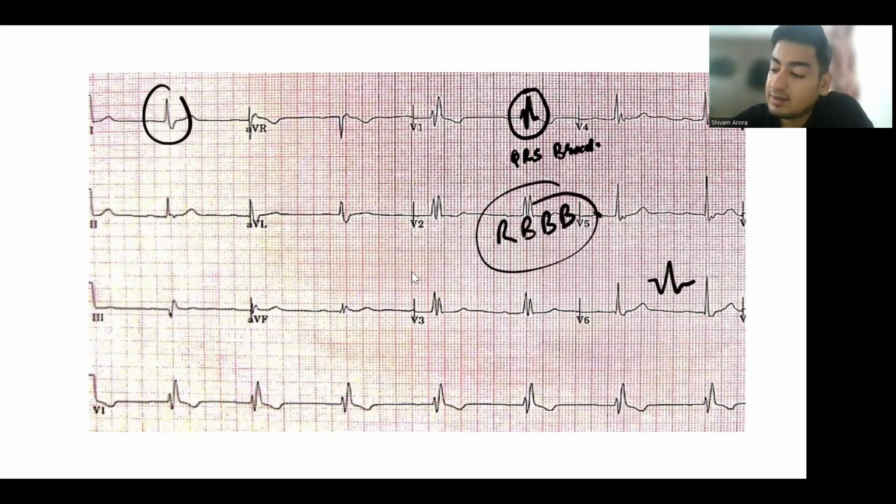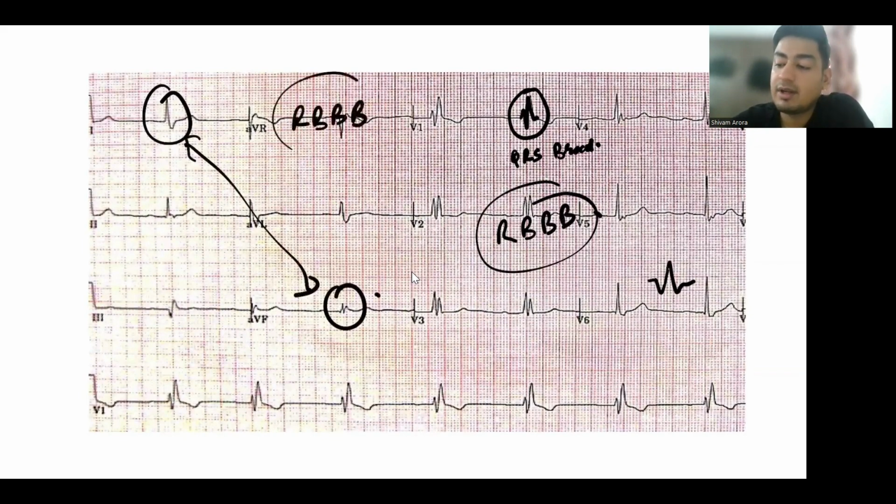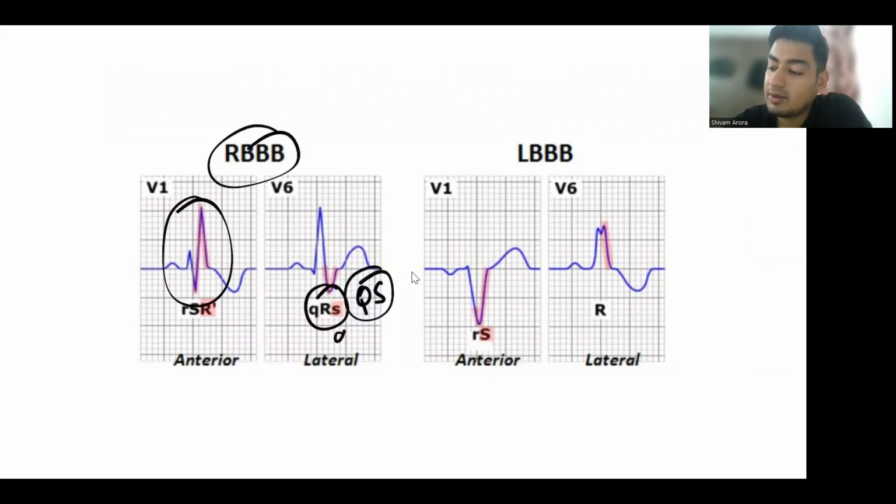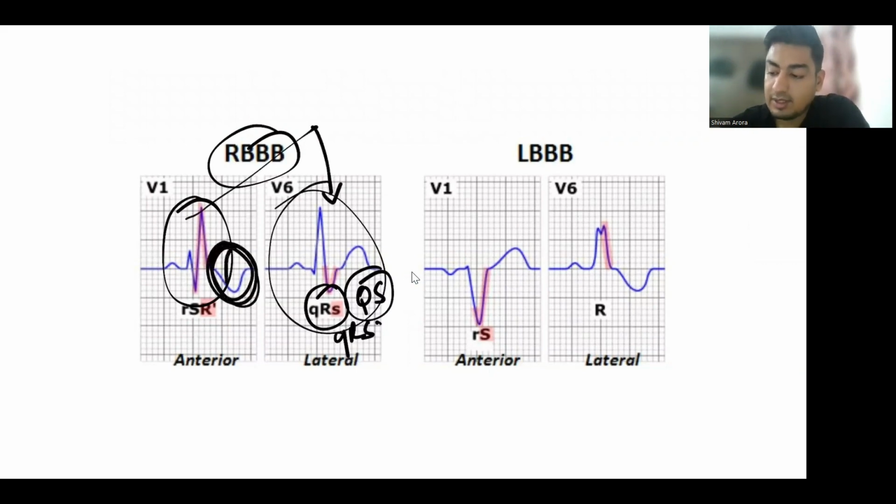Also, we can see that the axis is normal here, as I have already told you, that in RBBB, unless associated with RVH, the axis will be normal. Again, you can see here this is the RSR dash pattern, and a QS pattern or QRS pattern can be there. Also, you can notice here that the T wave is inverted.